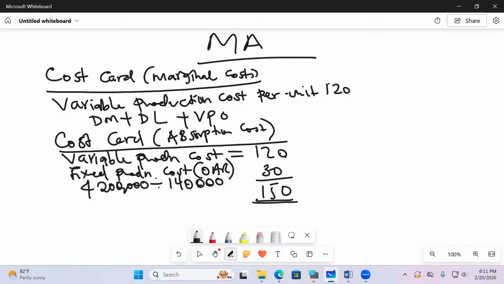So that is the first step that you ought to have done in this particular question. The moment you have done this, then you can never go wrong. Remember, in most cases, they will not give you this total variable production cost.